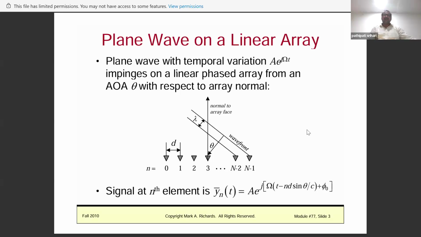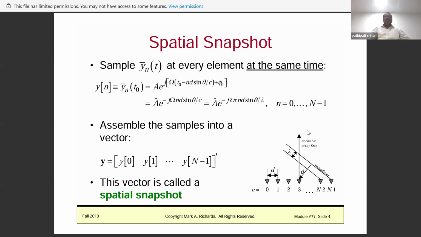Okay, a linear antenna array is on a horizontal line where the antenna elements are placed. You know the array concept. So the sample y_n bar of t at every element at the same time is given like this. That same time is a kind of snapshot.